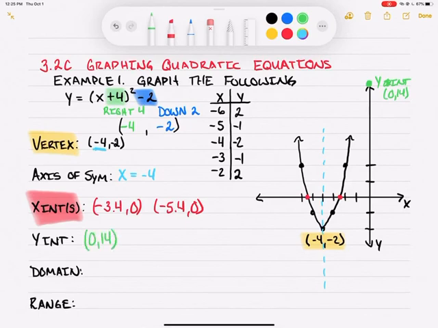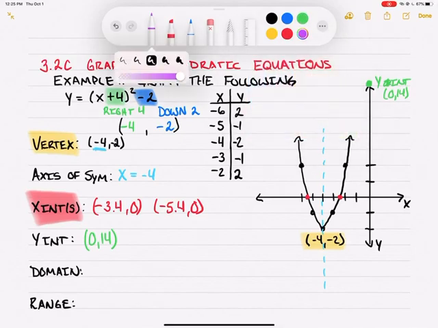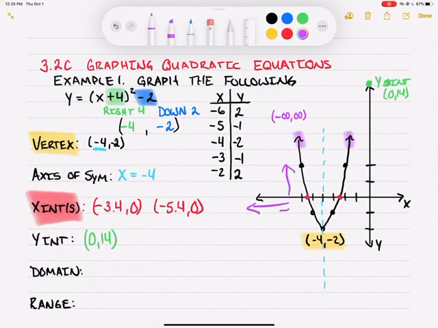Domain comes from the arrows of our graph. The arrows of our graph tell us all the x values that could possibly be covered by our graph. So this arrow and this arrow help us find our domain. My left arrow has a coordinate of negative infinity, positive infinity, because it's going to the left on the x-axis, that means it's going in the negative direction, but it's also going up, which means it's going to the positive value on the y-axis.